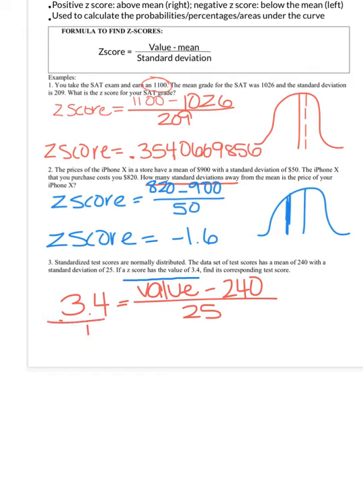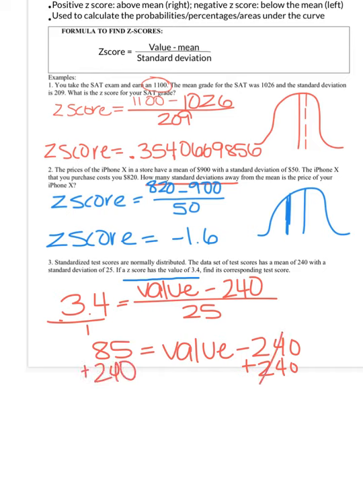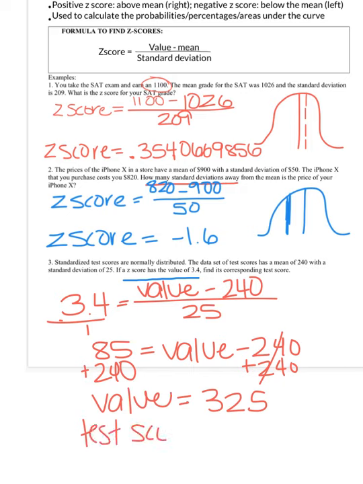Cross multiply. 3.4 times 25 is 85, equals value minus 240. Add 240 to the other side, and you get the value equals 325. Or if you prefer writing it, the test score instead of value is a 325.